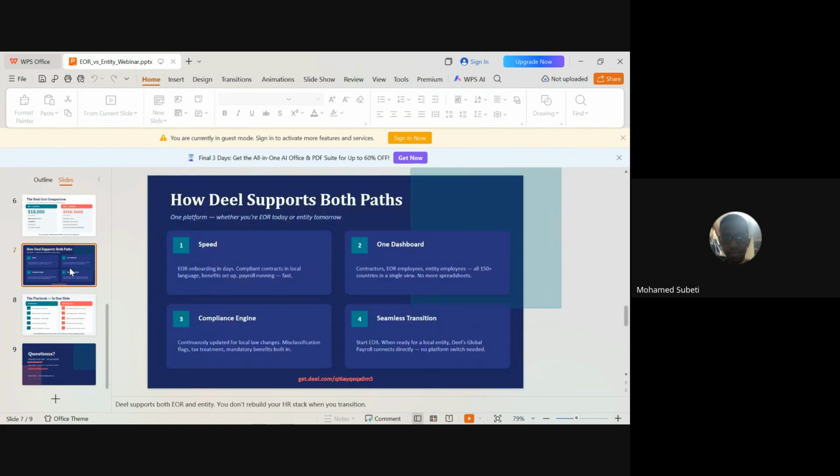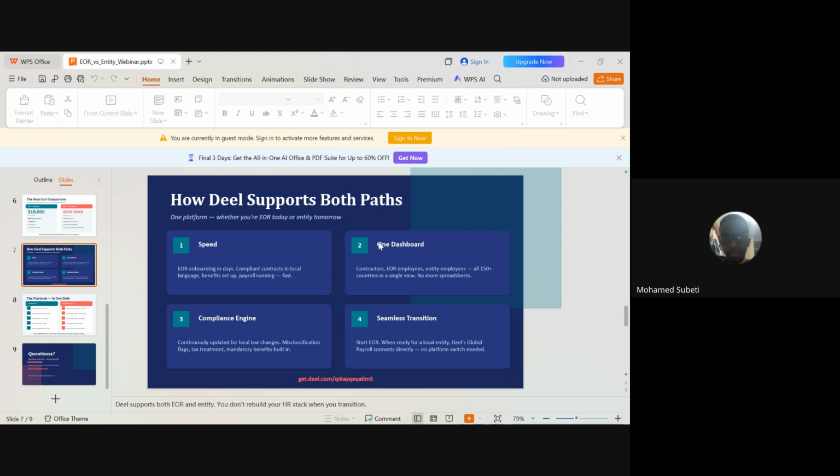Okay, onto my next slide. I want to spend a few minutes showing how this actually works in practice, because theory is useful, but seeing the tool makes it real. Deel supports both paths. If you're going EOR, Deel is the employer of record in the countries where you hire.